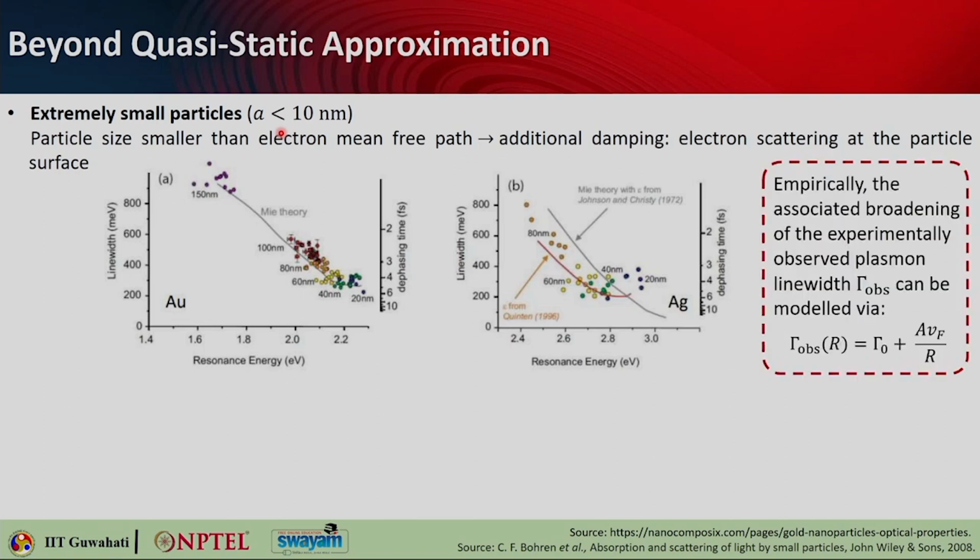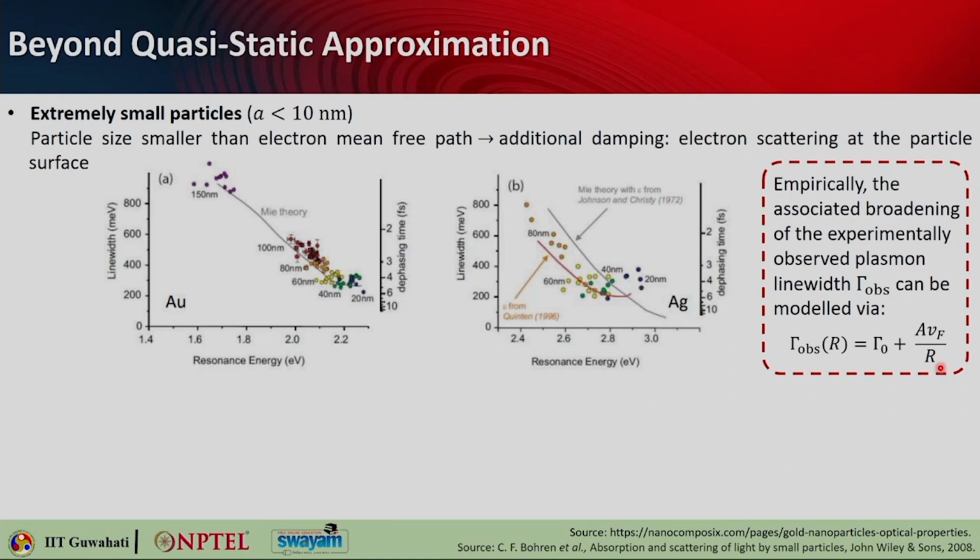So, this is called additional damping coming from reduced mean free path, and that can be empirically associated with some broadening. There is a simple formula that can correlate the damping constant gamma with the bulk damping constant, plus A times Vf over R, where A is a constant which is usually taken as 1 for isotropic cases, Vf is the Fermi velocity, and R is the radius or the reduced distance of the collision.